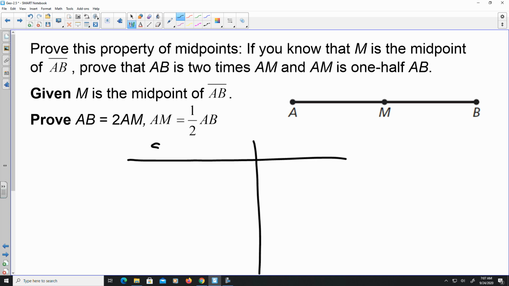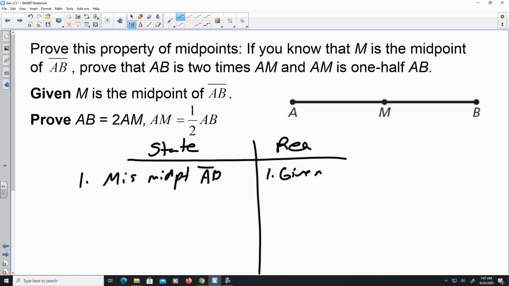When we write our statements and our reasons, the first thing we can say is M is the midpoint of AB, given.